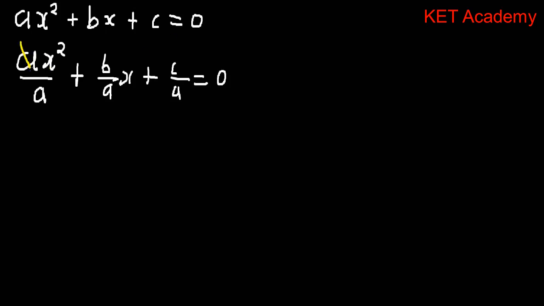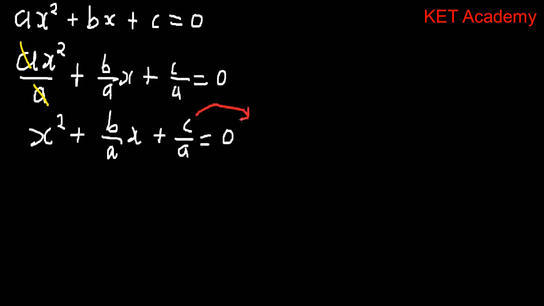So a can go away. We'll be left with x squared plus b on a x plus c on a. Now, in order to send the constant term to the right, there are two things we can do.